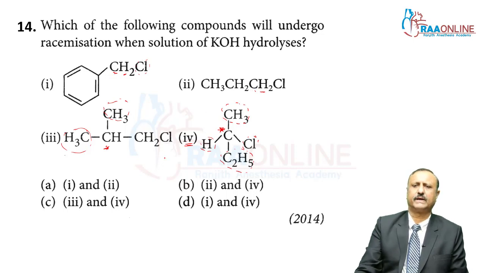In this way my dear students, when you take the answer, the answer is not given in these options, because only in the fourth option does the compound give optical isomerism, or racemization.